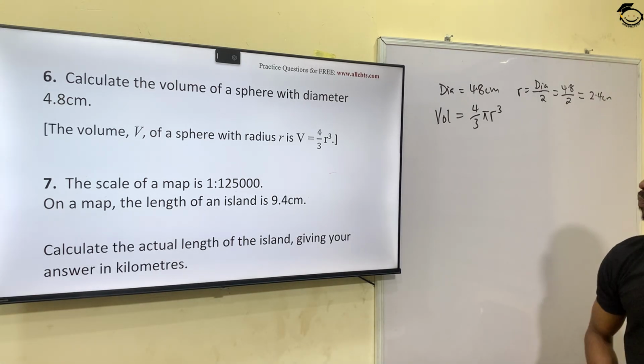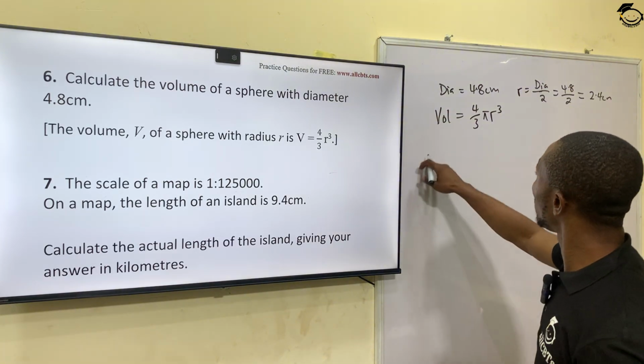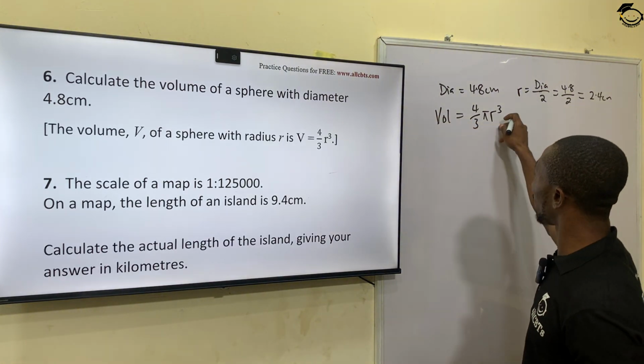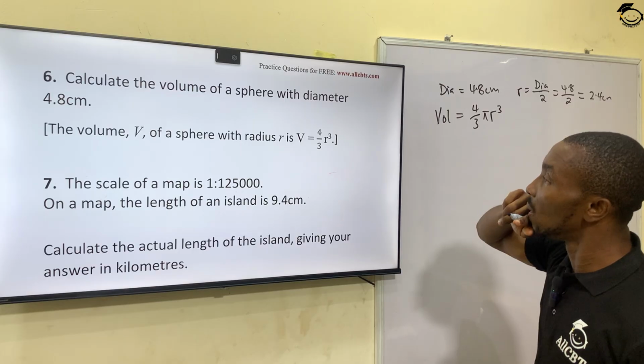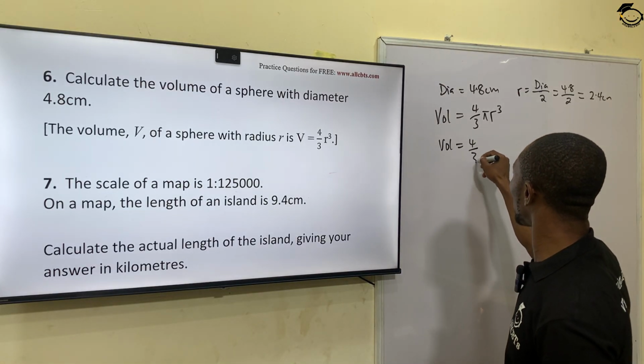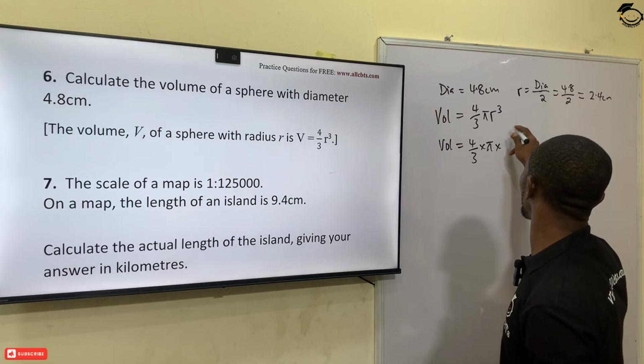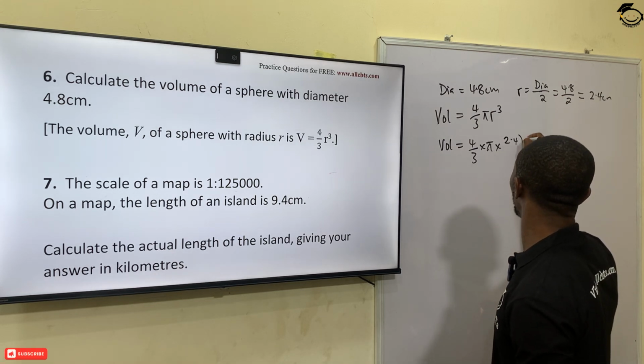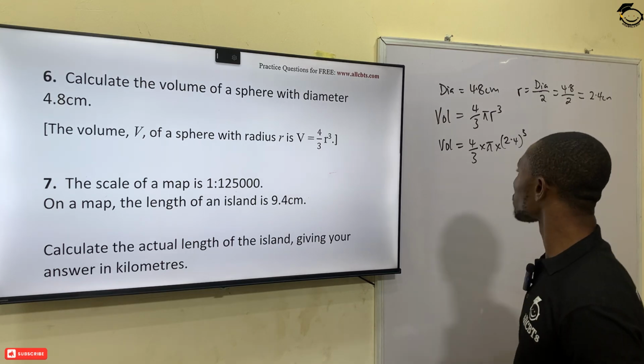So now, applying our formula, which says 4 over 3 pi r cubed, we have volume equals 4 over 3 times pi times r, which is 2.4 cubed.